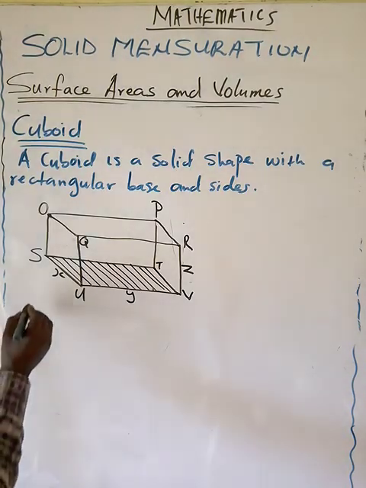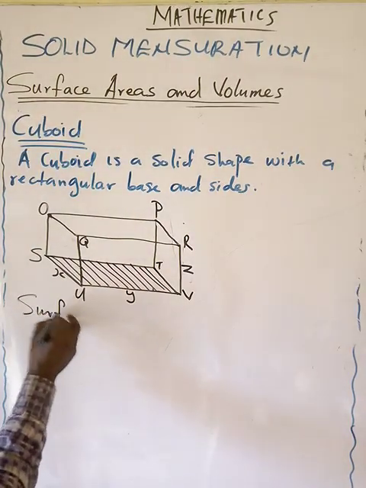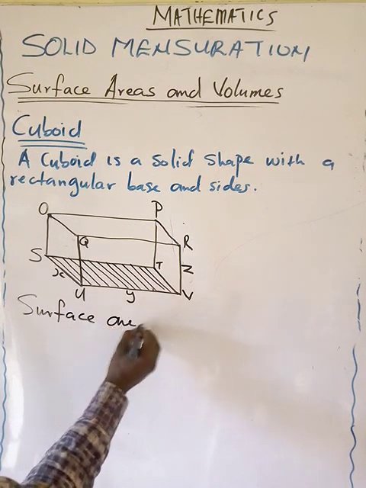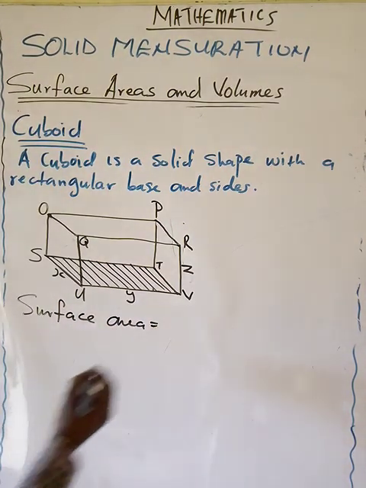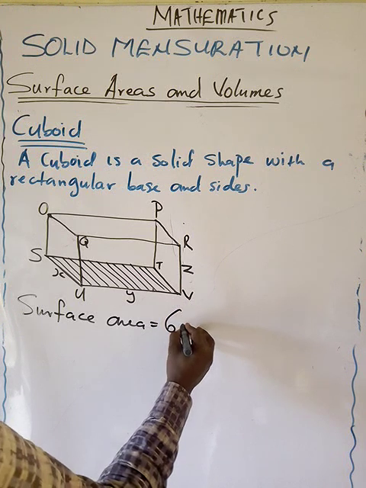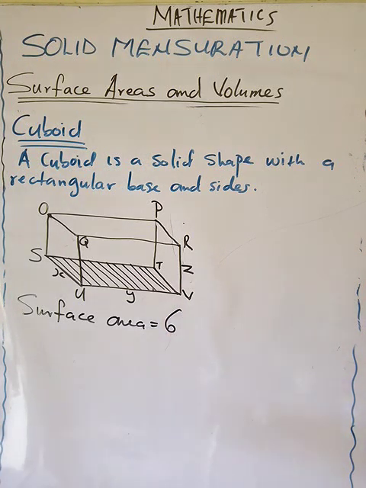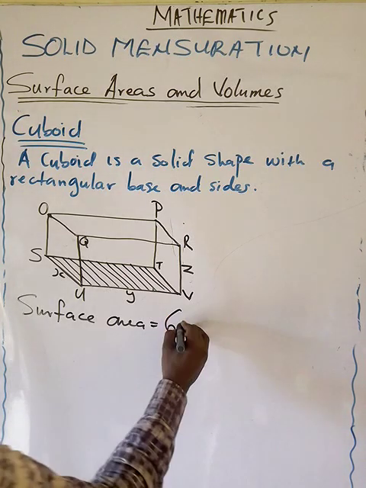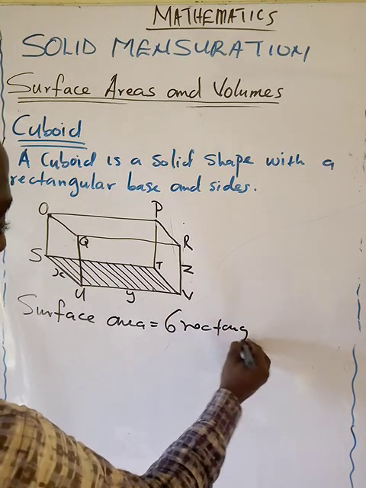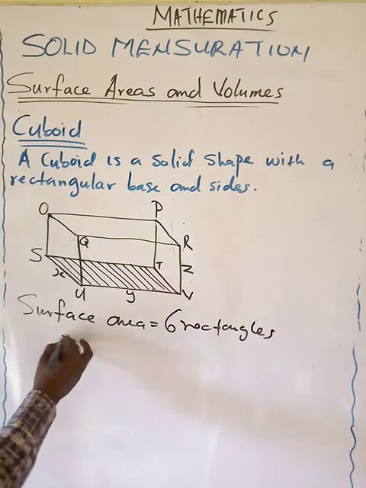Now the surface area of this rectangle, that will be 6 rectangles. So let's see.